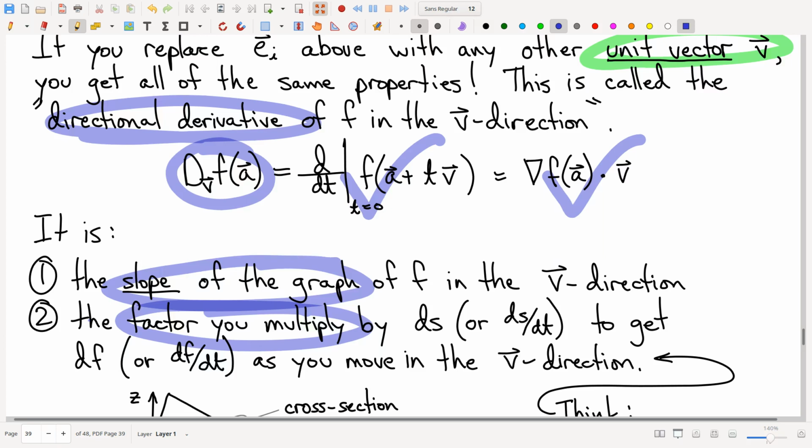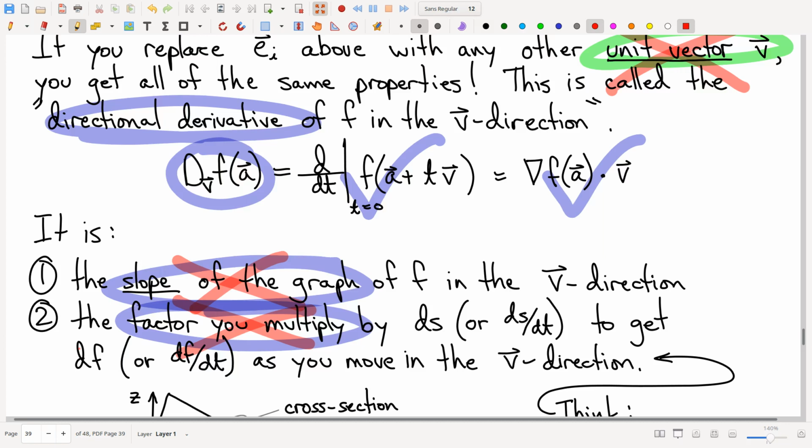If you remove this requirement, as some people like to do, you could still call it a directional derivative. You can still use this notation. This definition still makes sense. This formula here still works. The only thing you lose is you no longer get these interpretations. This alternative definition of directional derivative no longer computes slope of a graph. It no longer computes this multiplicative factor df/ds.